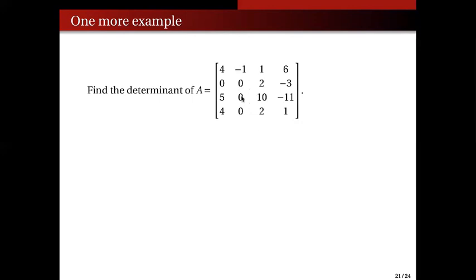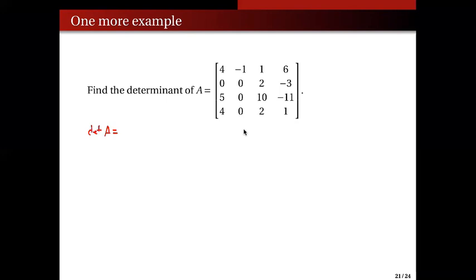I think cofactor expansion is very good in here, because if you use this column here, it has plenty of zeros. Maybe we can use cofactor expansion along the second column. So let us try. Determinant of A is equal to.